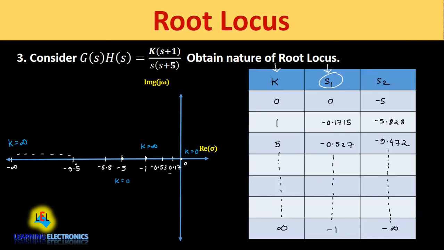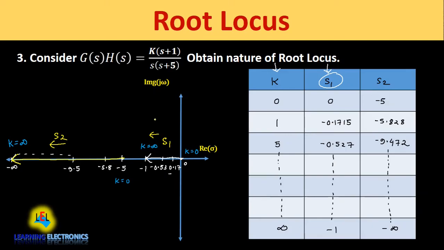And when k is equal to infinity, we are getting s2 is equal to minus infinity. So now we can draw the locus of s1 and s2. The locus of s1 will be this line and the locus of s2 will be this line.